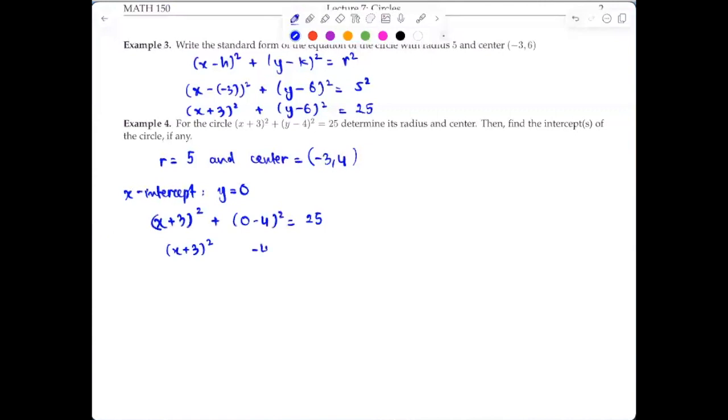Right, so -4 squared is positive 16. x plus 3 squared is equal to 9. We good? All right. Now to find the value of x, you take the square root on both sides of this equation.